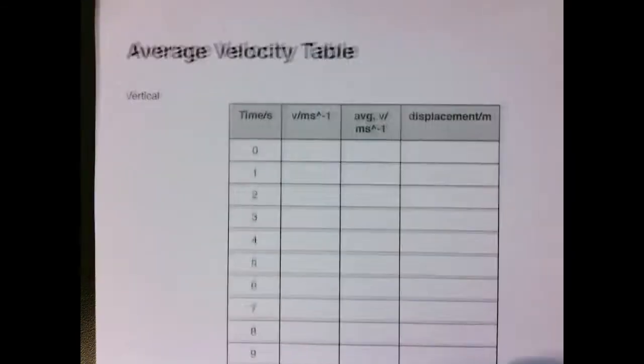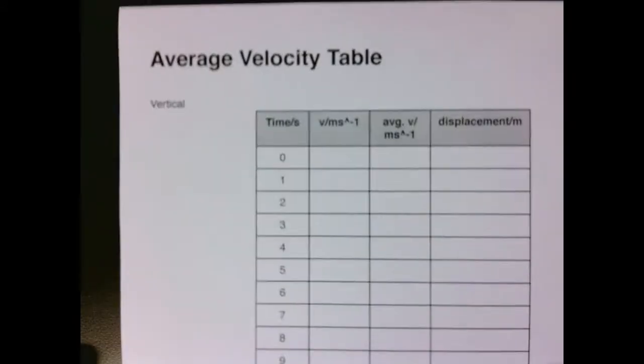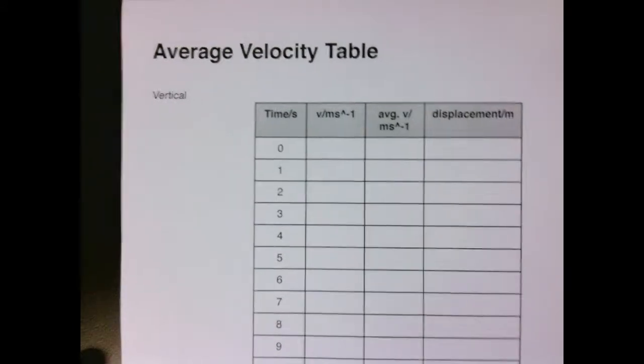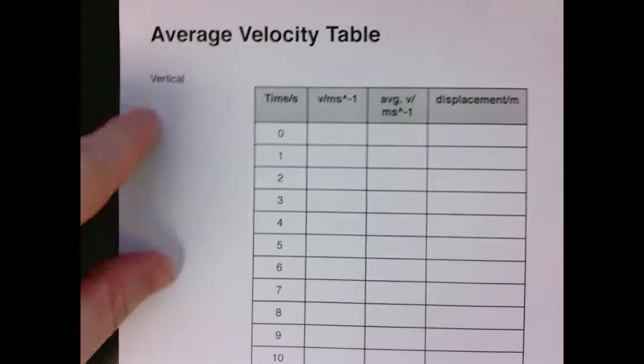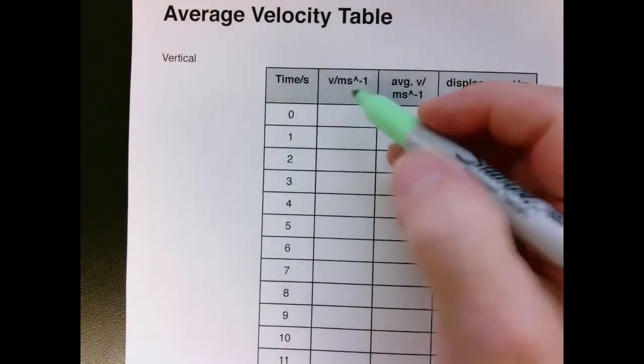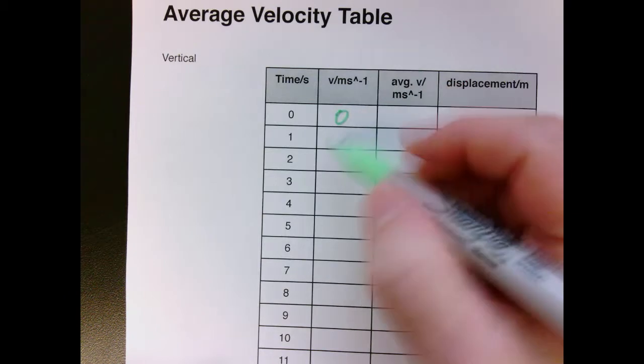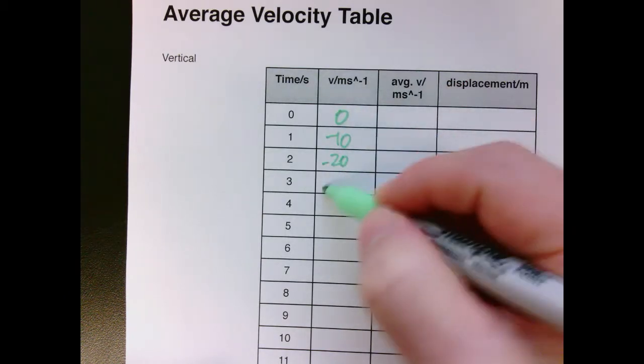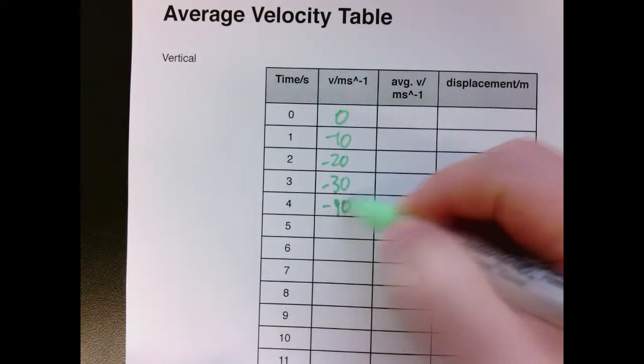So now how would we use this, the average velocity table, to solve a problem like this? Well, we would need to break it down vertically and horizontally. So let's do the vertical thing first. At time 0, we have a velocity in the vertical direction of 0, then minus 10, minus 20, minus 30, minus 40, minus 50.